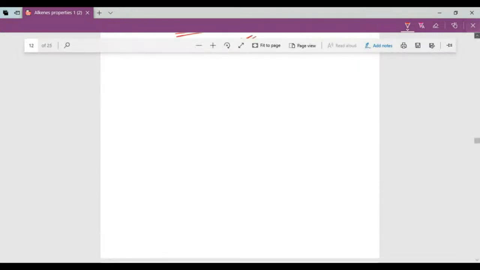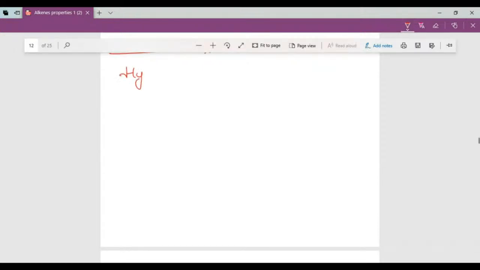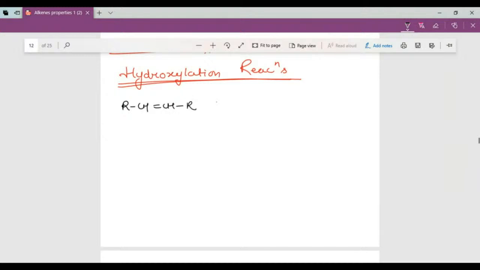Now we are heading to our last set of today's reactions, that is hydroxylation reactions. Hydroxylation is basically RCH double bond CHR.